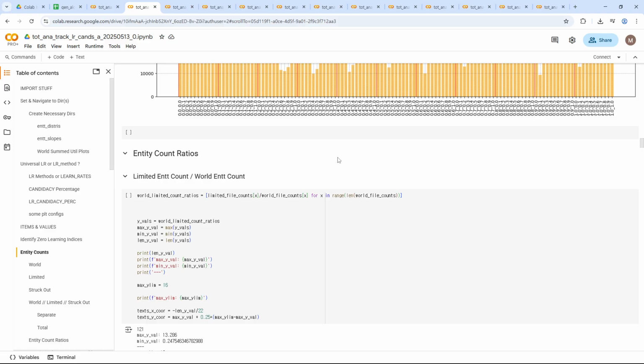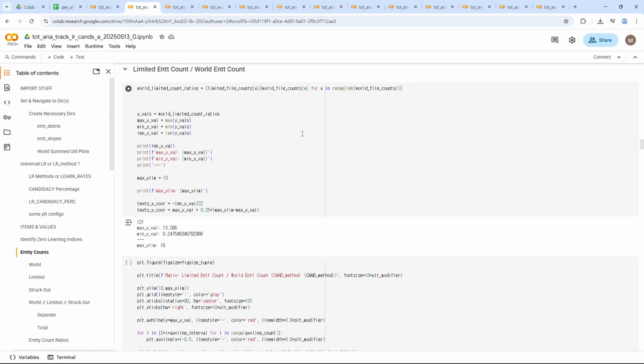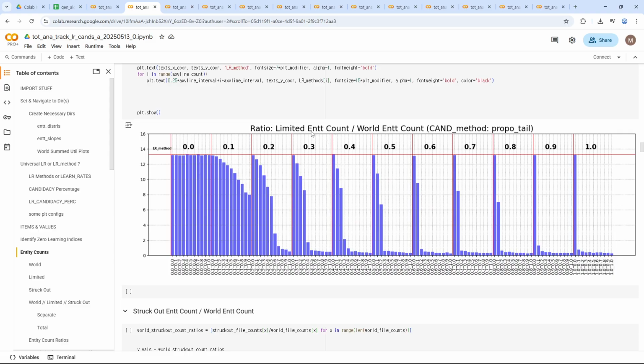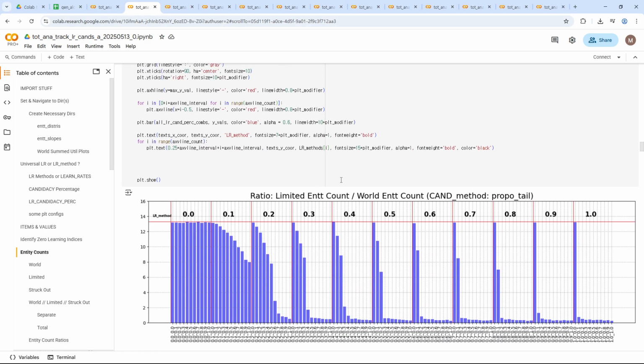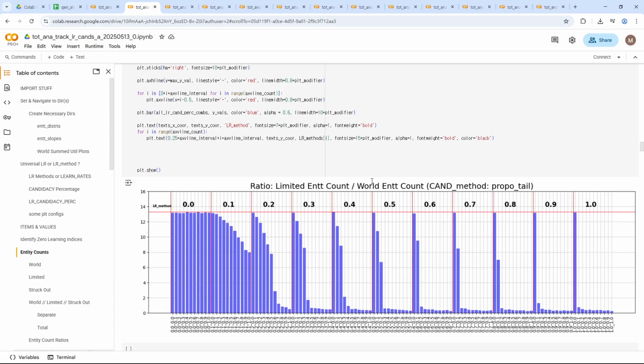And I thought this would be fun to look at. Next up is entity count ratios. In the first case, I'm just dividing the limited entity count by the world entity count.